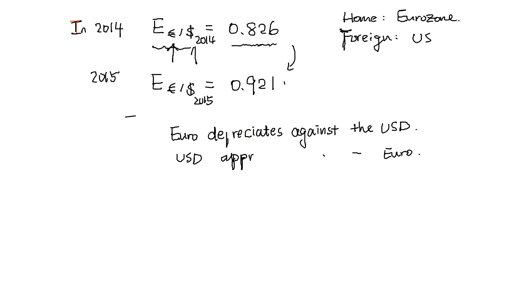Okay? But we need to know at what level, what's the magnitude of the depreciation. We could only know the direction from viewing those two figures. But what is the magnitude? What is the size of the change? Right? So how do we calculate?